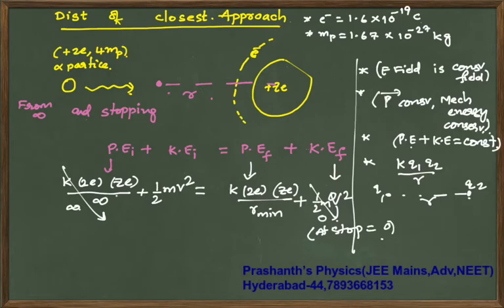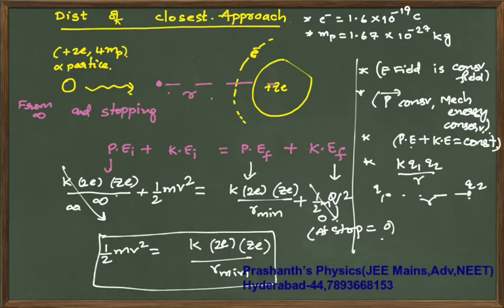So this will give you half mv square, the kinetic energy, is equal to K Q1 Q2 by R, 2e into Ze by R min. In the exams they will give you which kind of nucleus it is, and with what velocity or kinetic energy the alpha particle is coming.